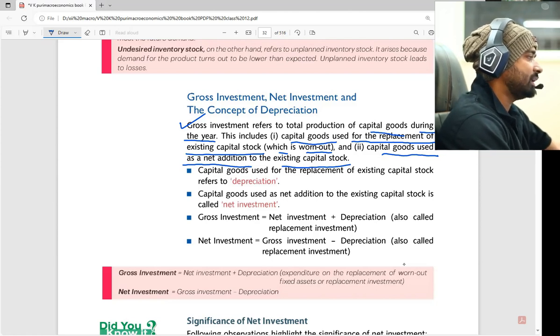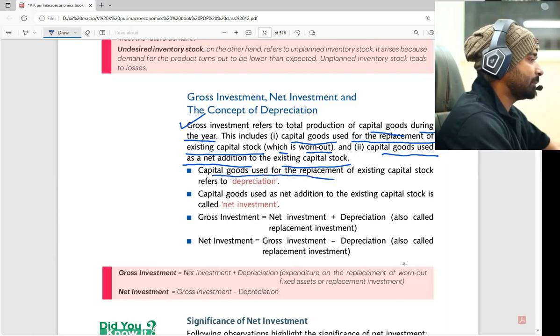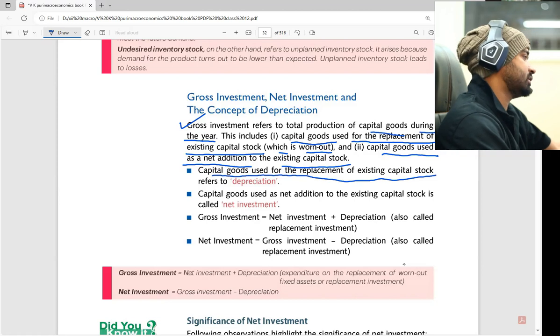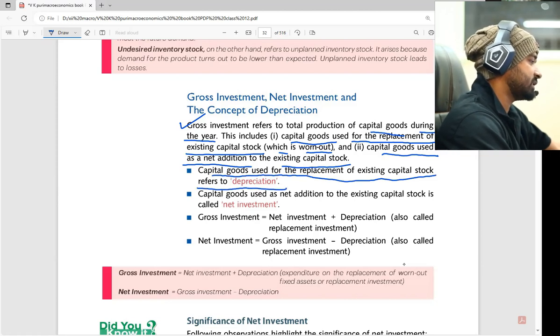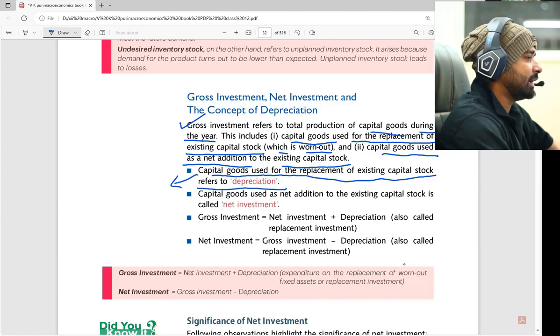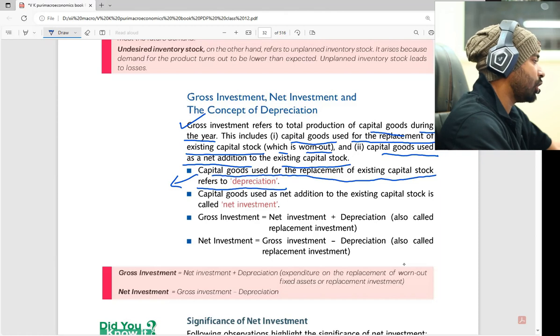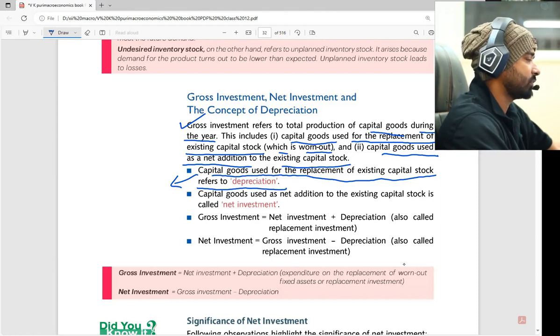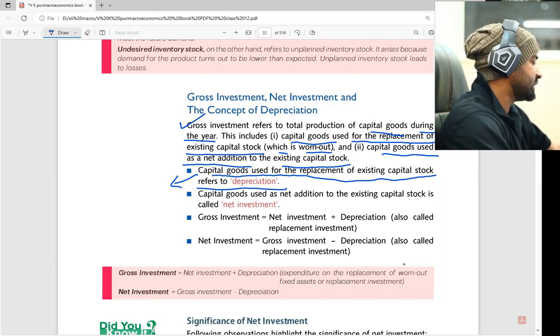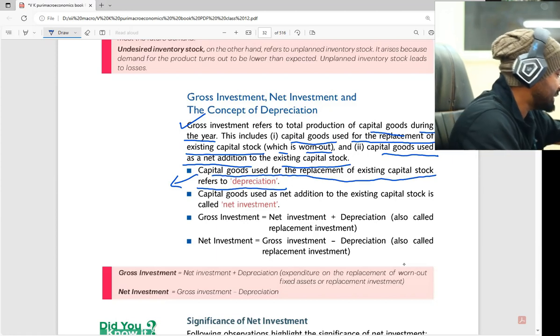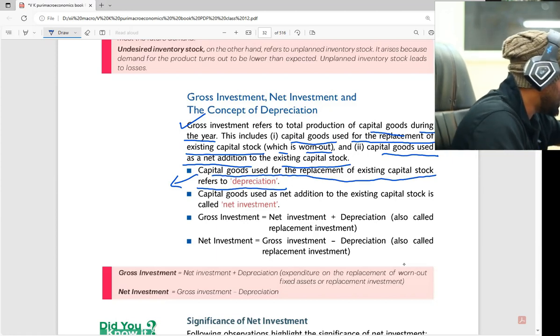What do you mean by depreciation? Depreciation is nothing but capital goods used for replacement of existing capital stock. In normal words, if you ask what is depreciation, depreciation is normal wear and tear, or we can say it is a loss of fixed assets. Again, depreciation is a loss of fixed assets from an accounting point of view, right?